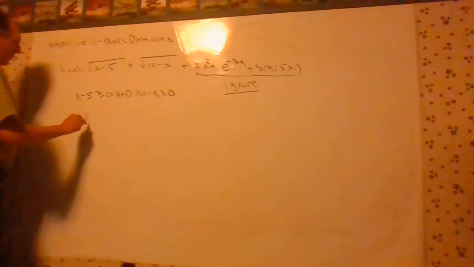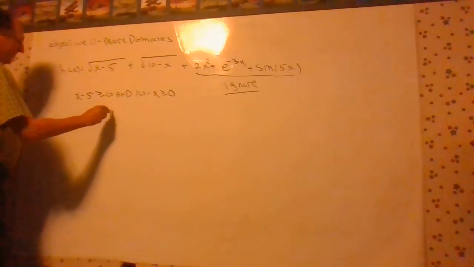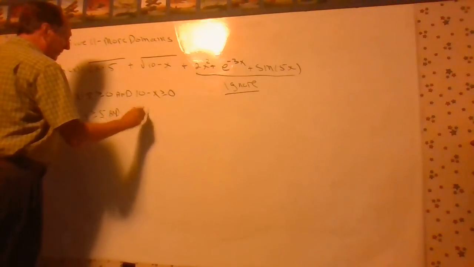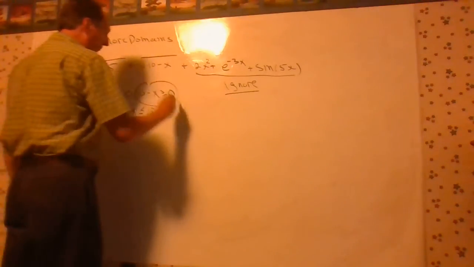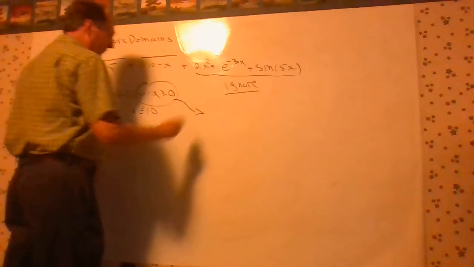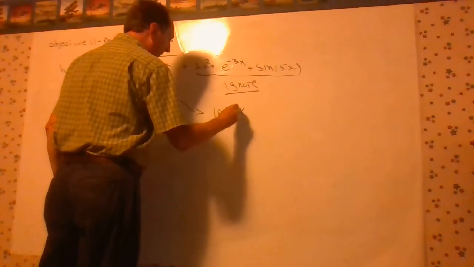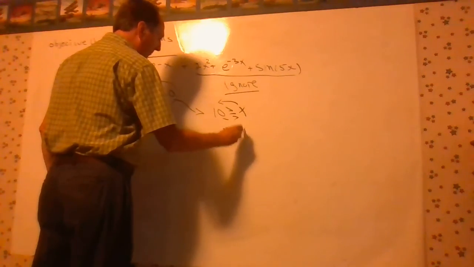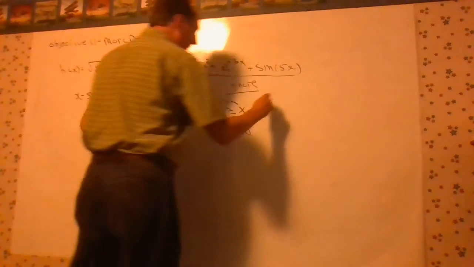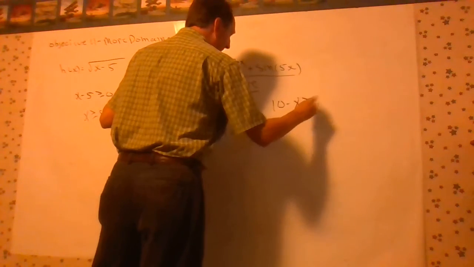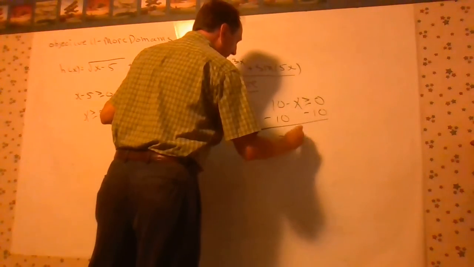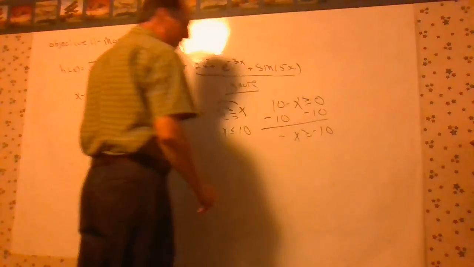Now we can solve the inequality: x greater than or equal to 5, and this is actually x less than or equal to 10. A couple different ways to solve this. You can add x to both sides and get 10 greater than or equal to x. Then you could just turn it around, x less than or equal to 10. Or you can say 10 minus x greater than or equal to 0, minus 10, negative x greater than or equal to negative 10.